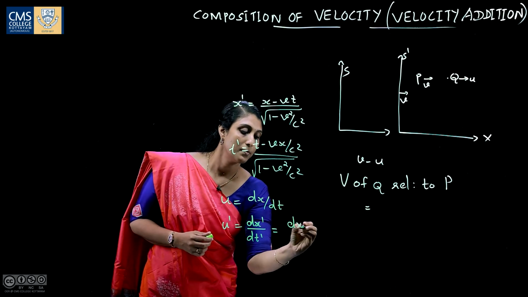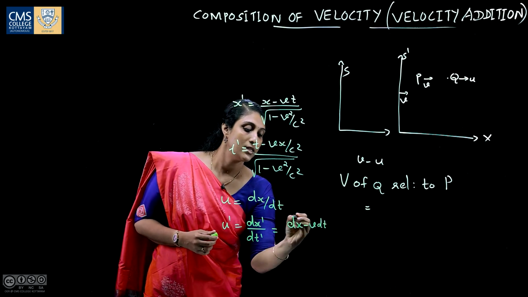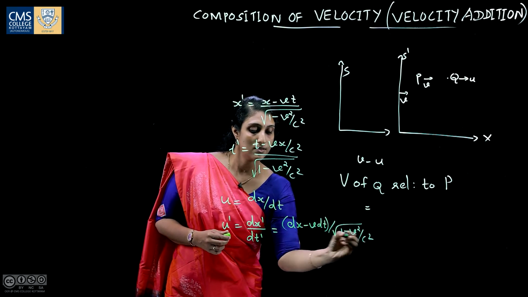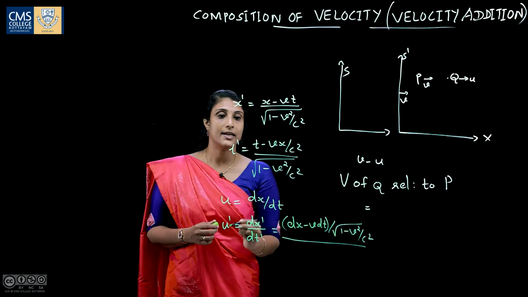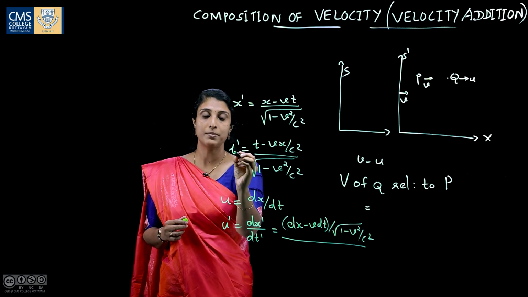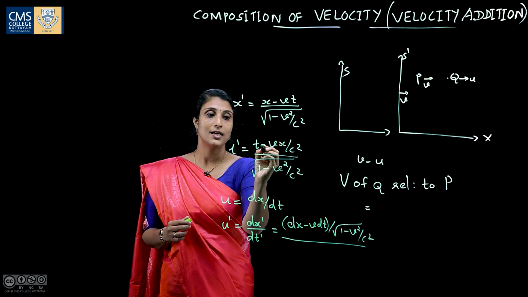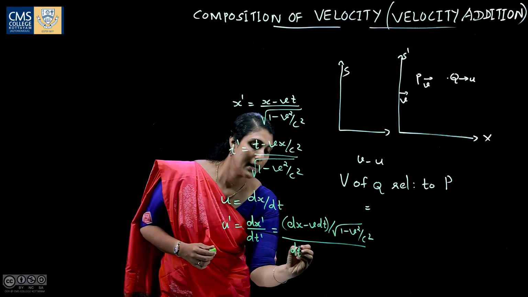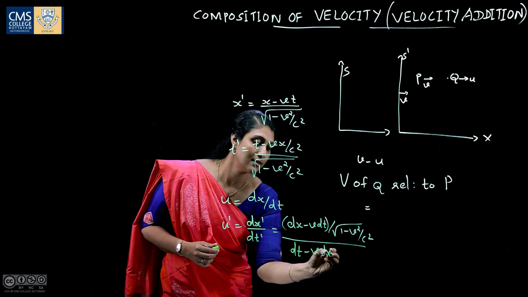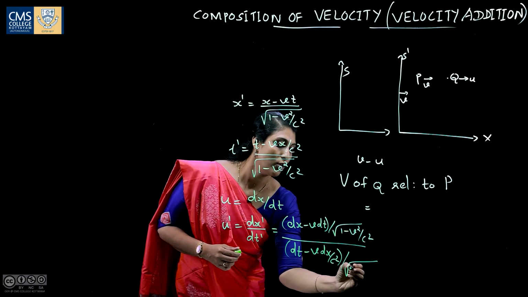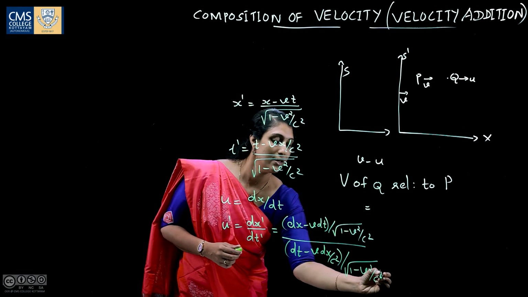Dt dash is the differential of the time t dash, dt dash equal dt minus v dx by c square, divided by root of 1 minus v square by c square.